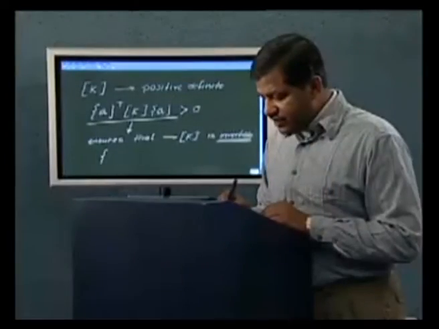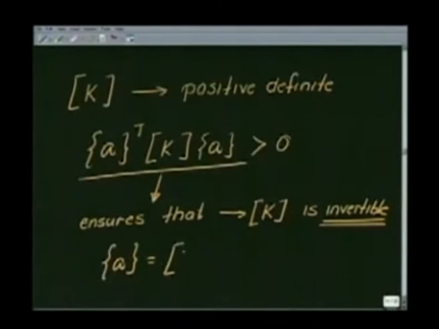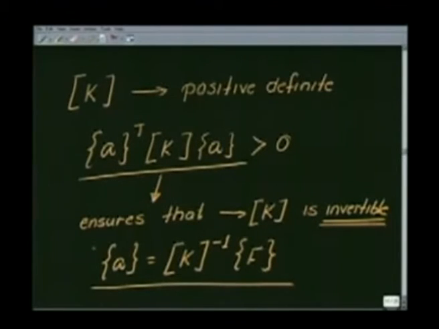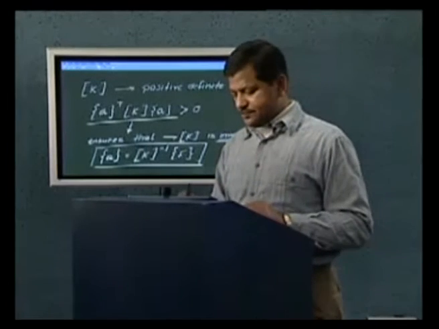Why is it important? Because if we can't invert K, then we cannot get the solution vector A, which is given by K inverse F. So once we guarantee invertibility of the matrix, the solution vector A can be obtained.